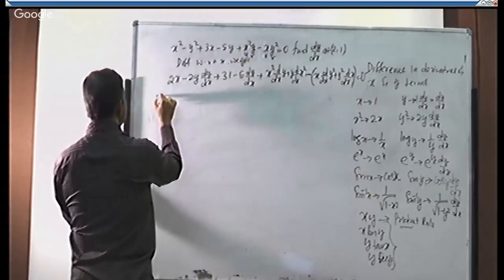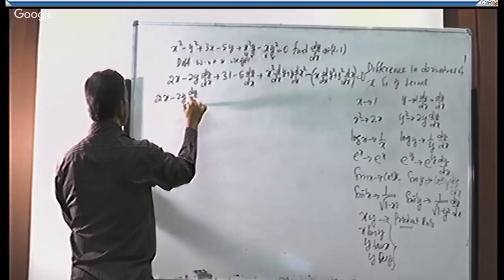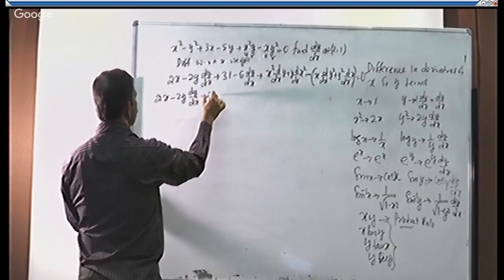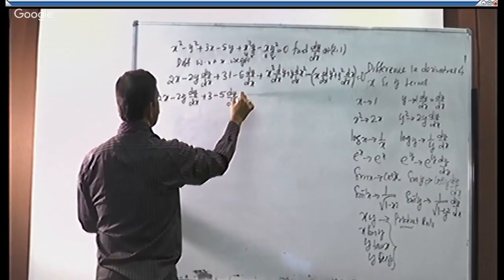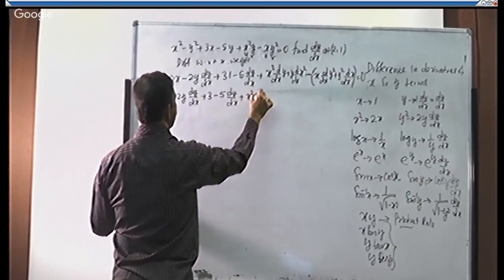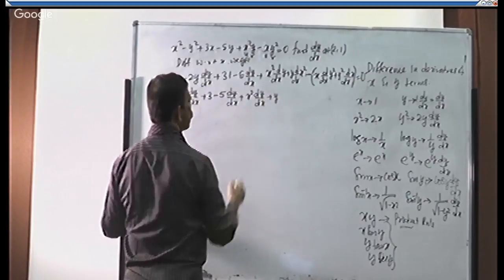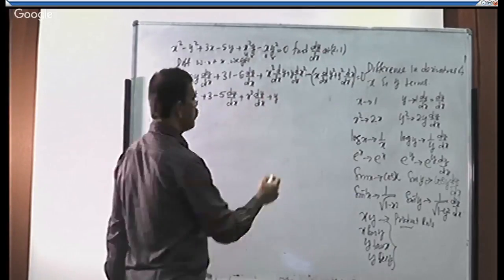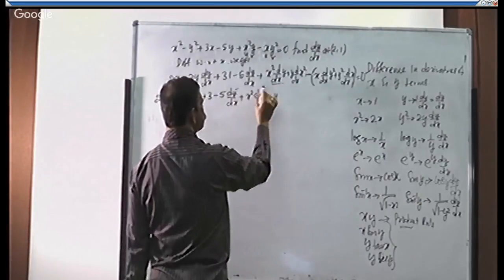Then keep this: 2x minus 2y dy by dx plus 3 minus 5 dy by dx plus x square into dy by dx plus y square. Now differentiate this. Differentiation of y is dy by dx, correct?